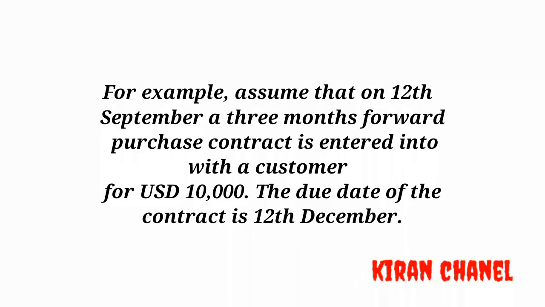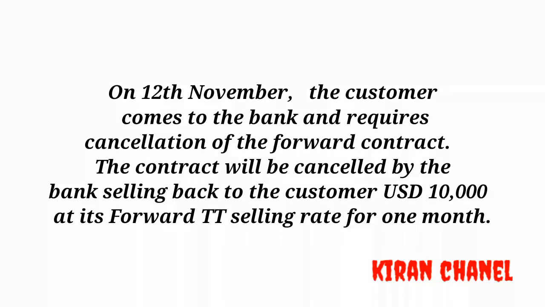For example, assume that on 12 September, a 3 months forward purchase contract is entered into with a customer for USD 10,000. The due date of the contract is 12 December. On 12 November, the customer comes to the bank and requires cancellation of the forward contract.